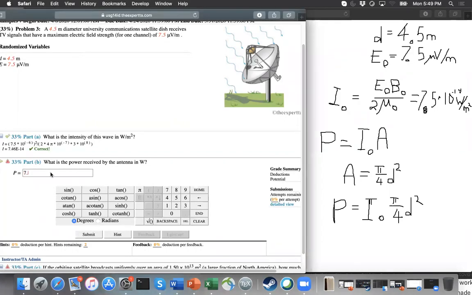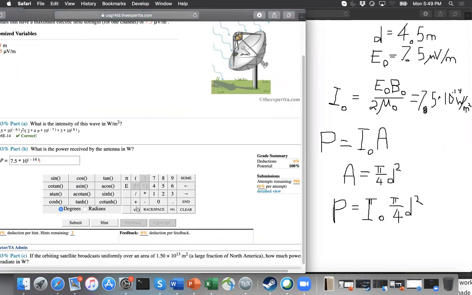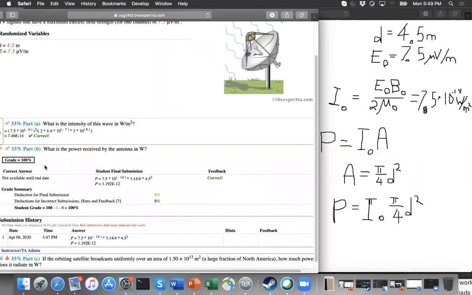So 7.5 e to the minus 14 times 3.14 over 4 times 4.5 squared. Let's see what that is. Got the right grade, so it's all good.